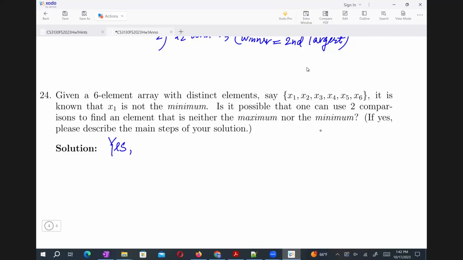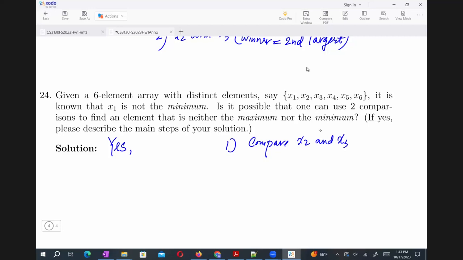Do not do the first comparison with x1 involved. Most of you did. Don't do it. The first comparison, compare x2 and x3.